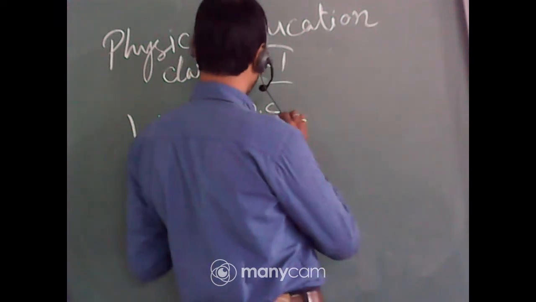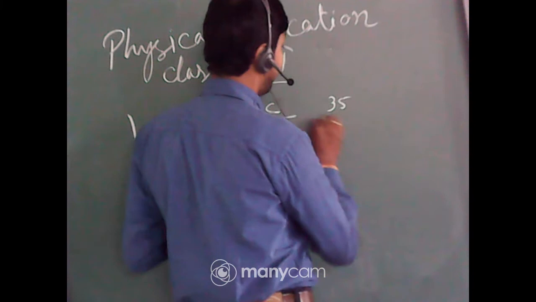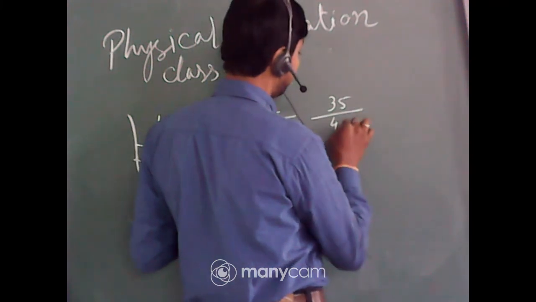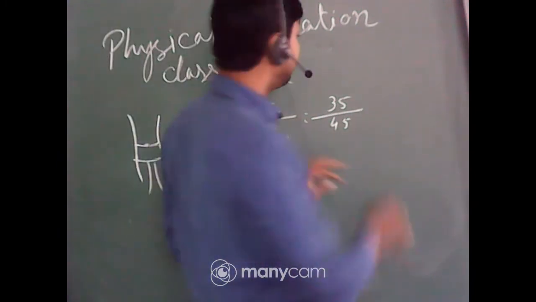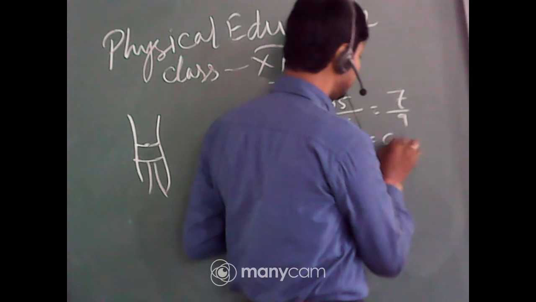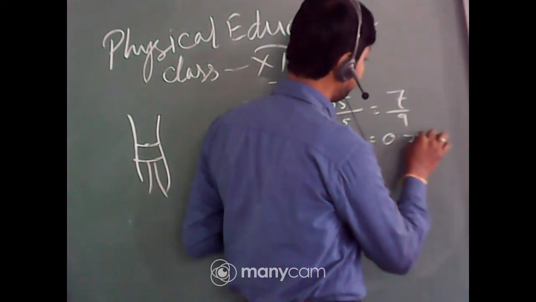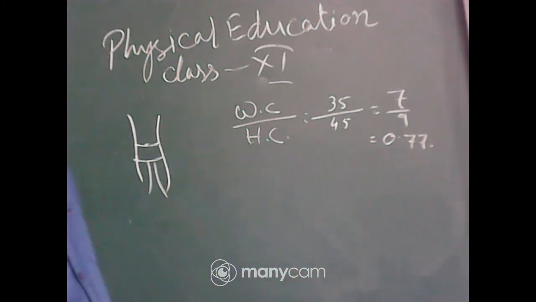So if the waist circumference is 35 and the hip circumference is 45, then the ratio will be 7 by 9, equal to 0.77 or 0.78.